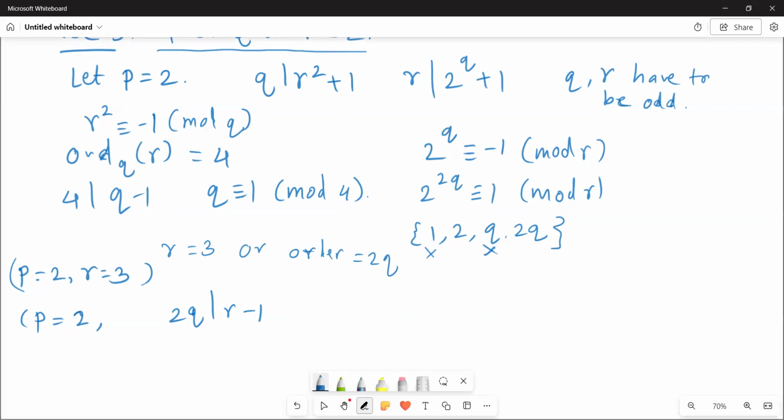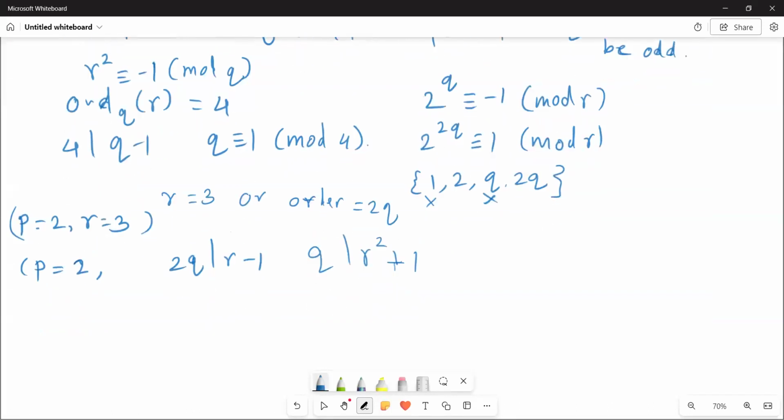Okay, we know 2q divides r minus 1 and we know q divides r square plus 1. So what can we say? Wait, that's not possible, right? Because r is congruent to 1 mod q. So that means r square plus 1 is like 2 mod q and q divides it, and we are saying that q is not equal to 2.